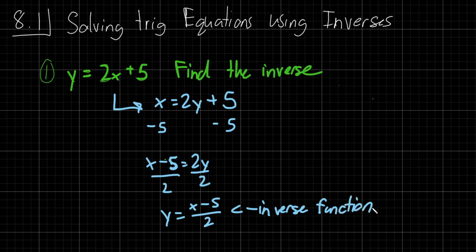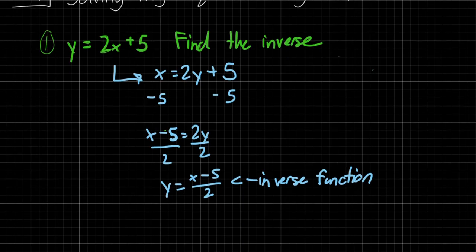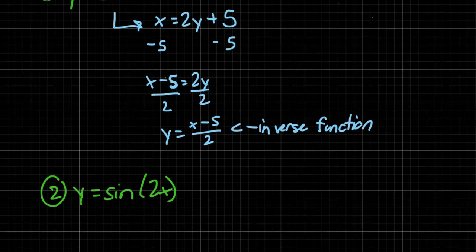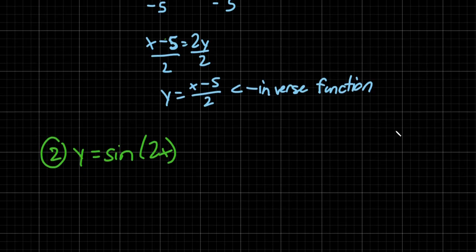Okay, that's regular ones. That's what we did in 5.6. Now we're making them trig equations, and we are trying to find the inverse. Y equals sine of 2x. Landon, how do I start an inverse if I want to find the inverse? I should always do what first?